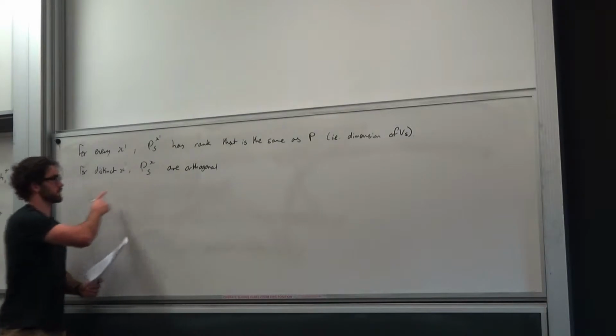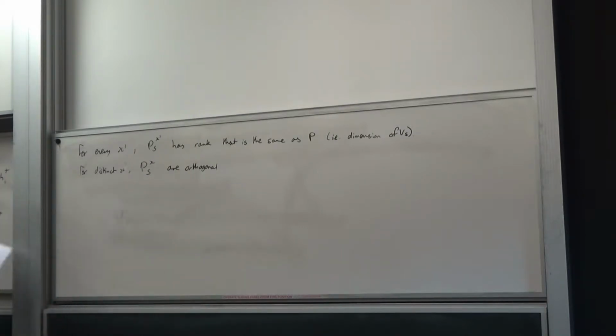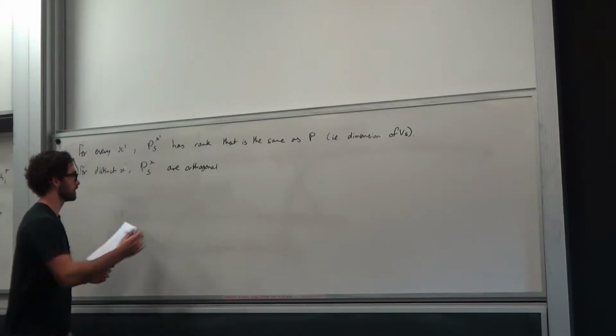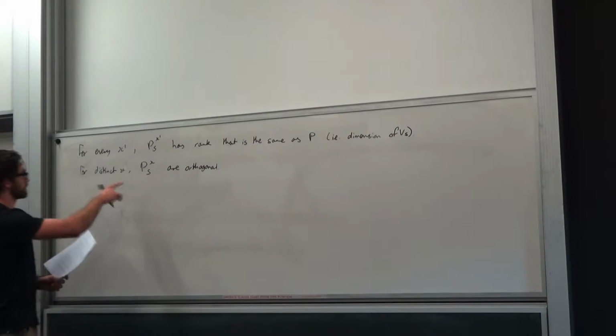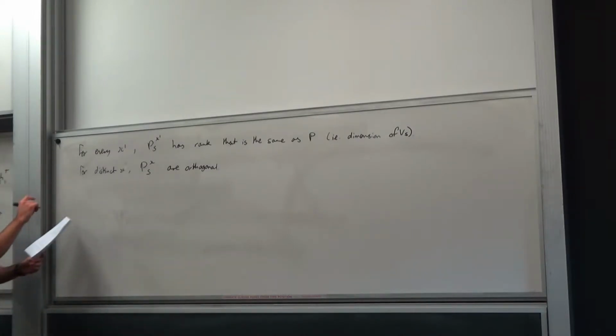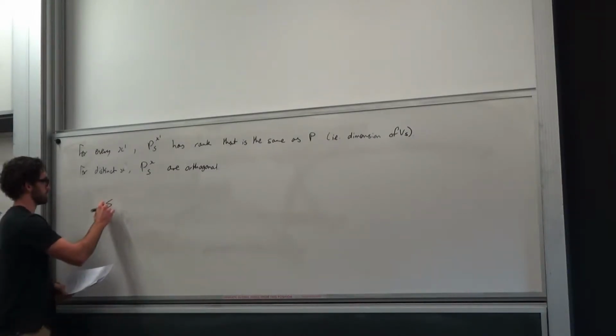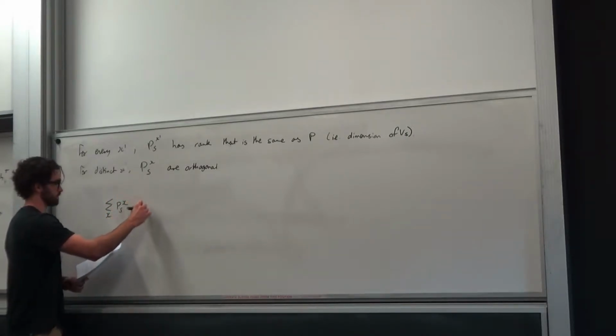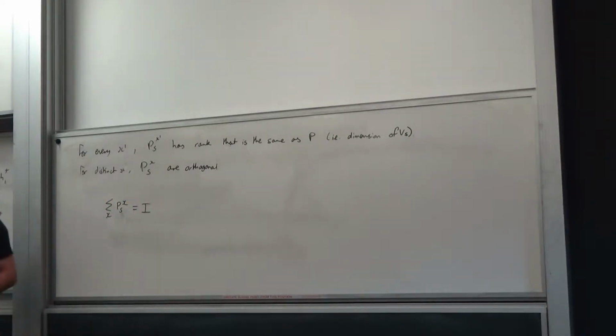And this is because the intersection of +1 and -1 eigenstates for any one of these generators is trivial. So we have all these projectors of the same rank. We also note that their sum equals the identity. The identity acts on the 2 to the n dimensional space.